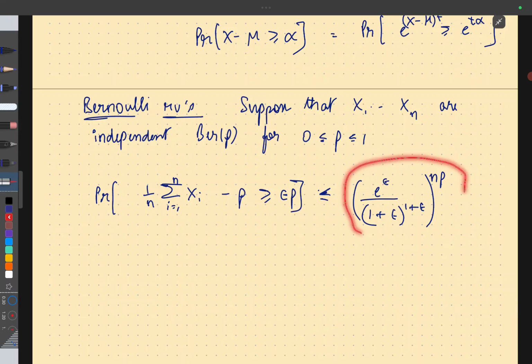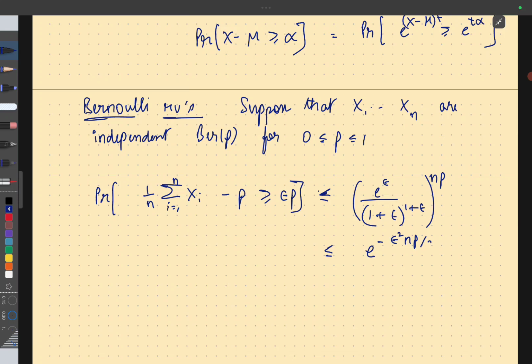And doing so would get you something like this. We can further simplify this to a form that is more useful. So this is less than or equal to e to the power minus epsilon square n times p divided by 3. But the last inequality holds true only for epsilon between 0 and 1.